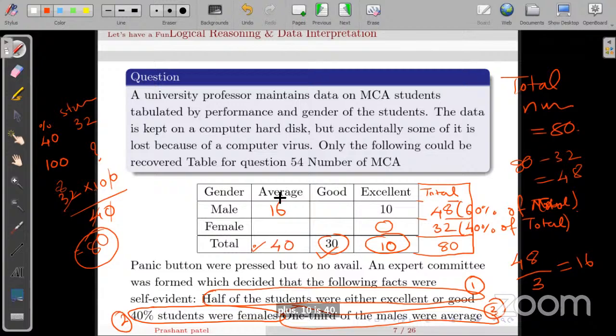So this I can subtract. This sum should be 60. So how much comes here? It has to be 24. Are you following?